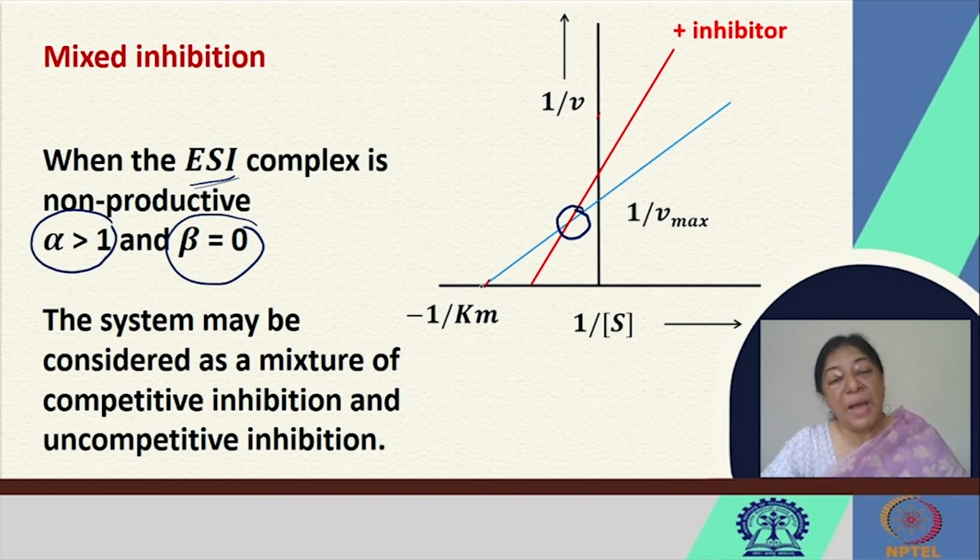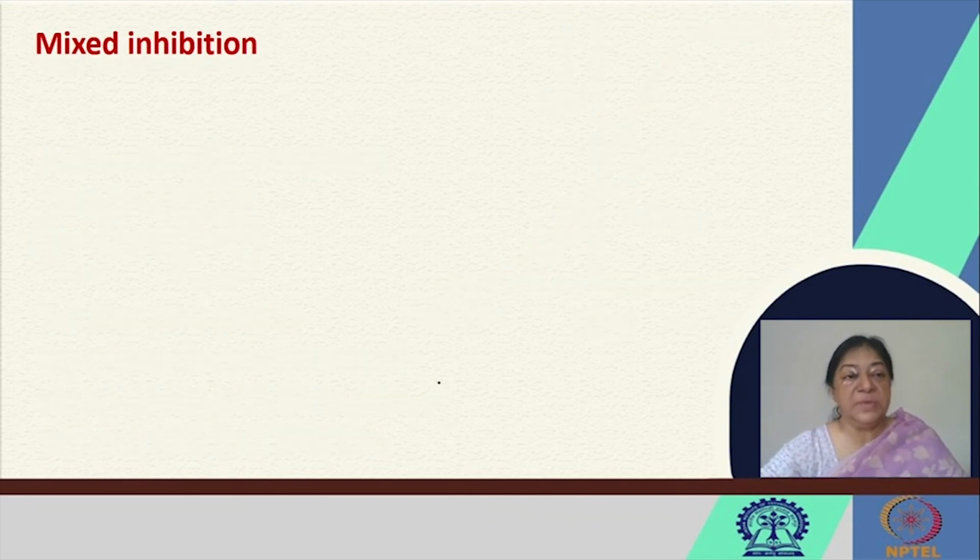It is not even parallel as was seen for an uncompetitive inhibitor, but an intersection around here, indicating that we have a mixture of competitive and uncompetitive inhibition.